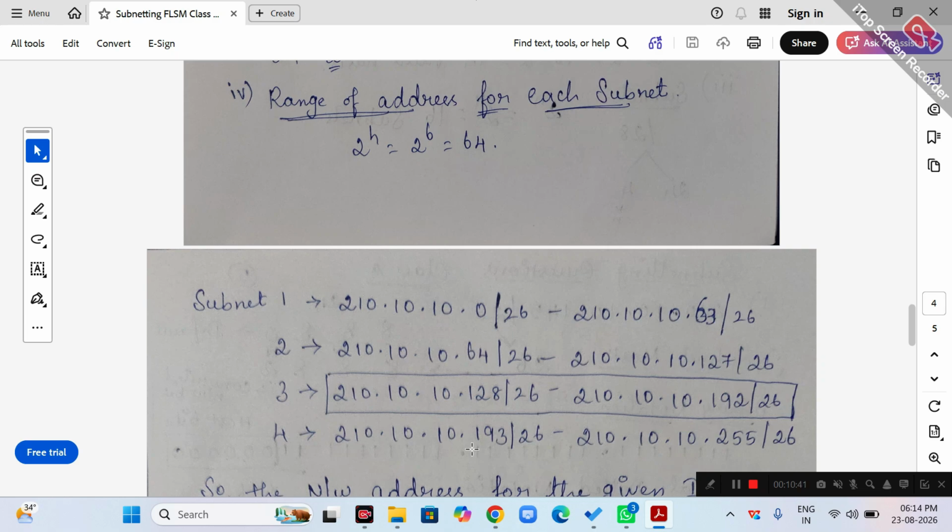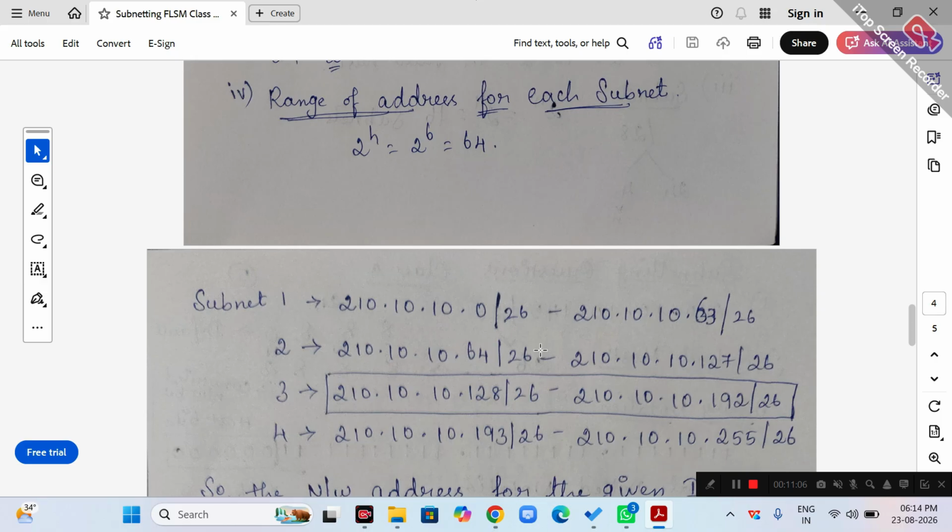For the fourth subnet the network address is 192, so the broadcast address for subnet 3 is 191. For the fourth subnet, if you add 64 here the value is 256, but 256 is not possible because the range of addresses is 0 to 255. So the broadcast address here is 255.